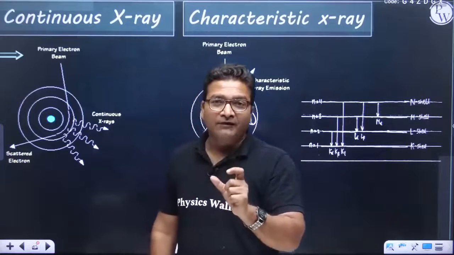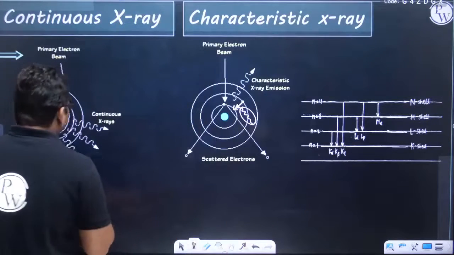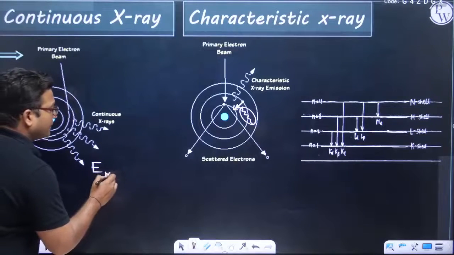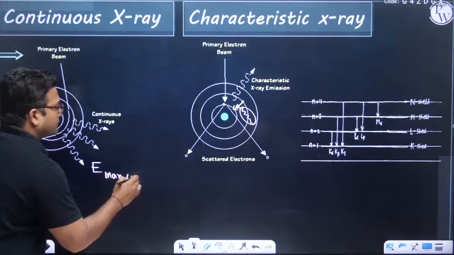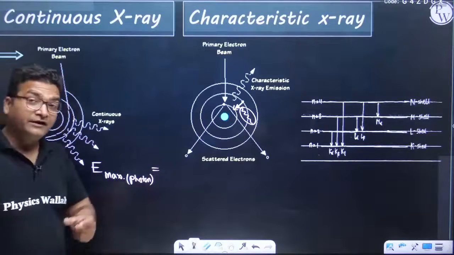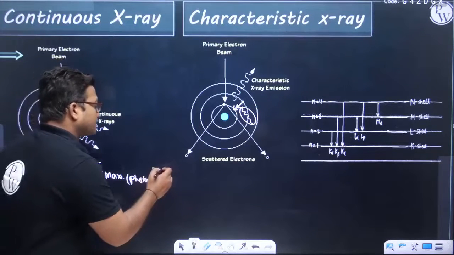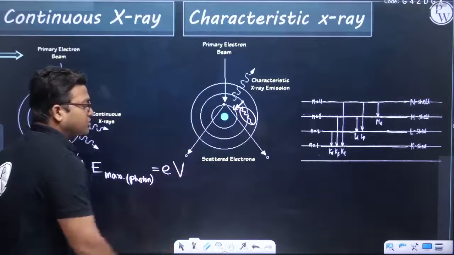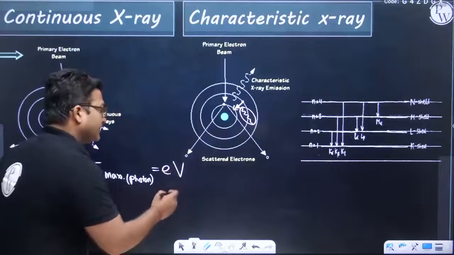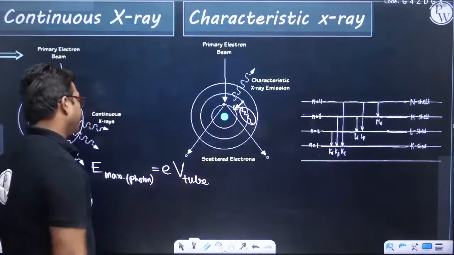This photon will have the biggest possible energy, and this maximum energy of the photon will be equal to the incoming energy of the electron, and the incoming energy of the electron equals e times the voltage through which the electron is being accelerated, and this is actually the tube voltage, right?